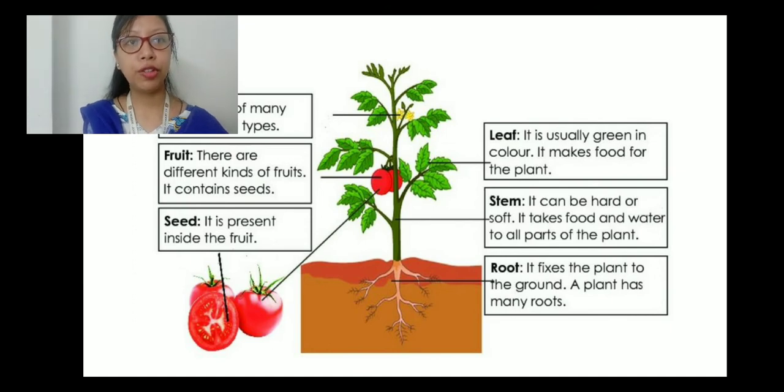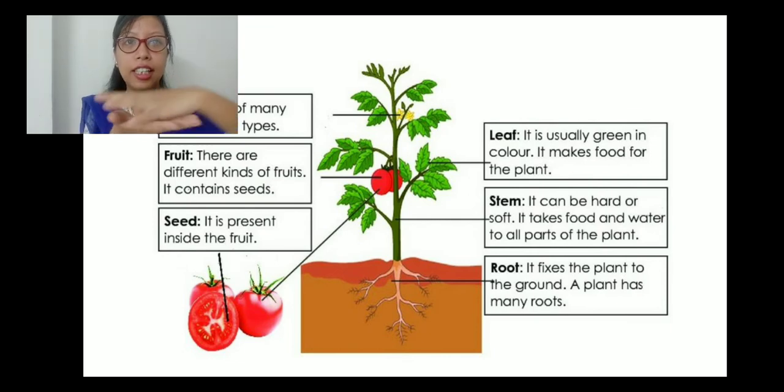Then we have the root. It fixes the plant to the ground. A plant has many roots. Now if we put the plant on the ground, what will happen? It will come out very easily. So what happens is, the root grabs the ground. It is like gum, sticky.